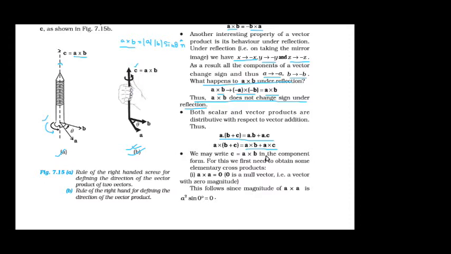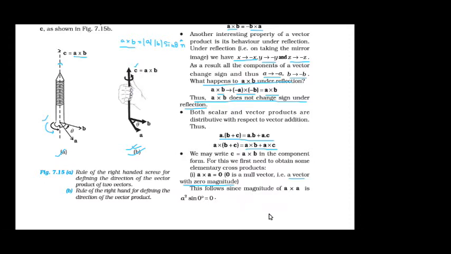We may write C is equal to A cross B in the component form. From this, we first need to obtain some elementary cross products. A cross A is equal to 0. 0 is a null vector, a vector with zero magnitude. So what is a null vector? A vector with null or zero magnitude.